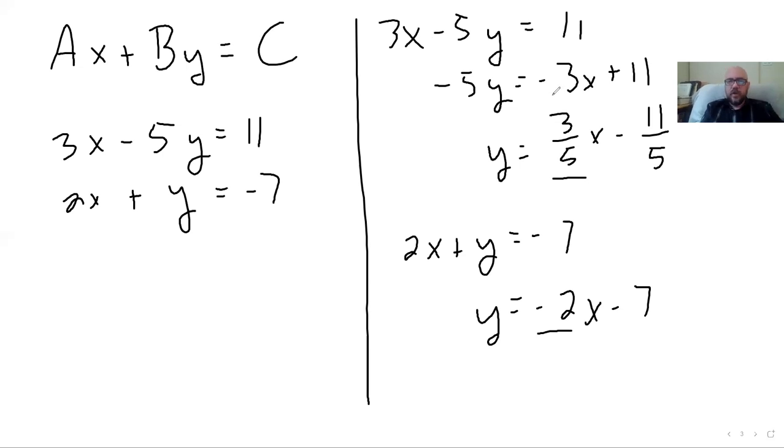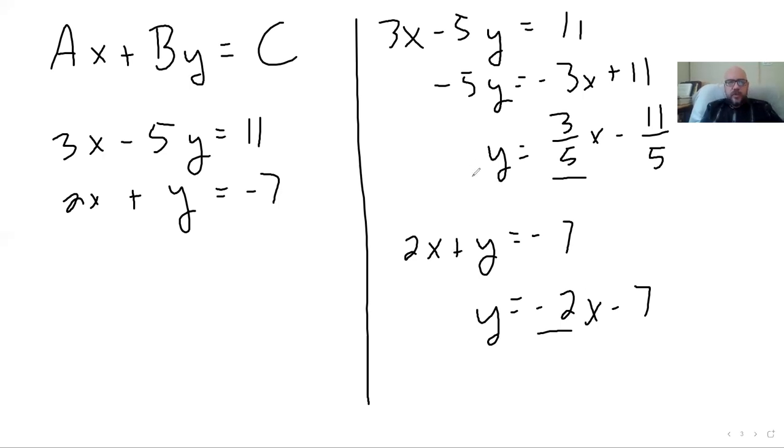Because when we moved it over. So what I was really looking for was the ratio of the coefficients on x and y. Here it's negative 3/5, but since we move the x over, the sign switches. So 3/5, and then this one was 2, which is a different number. So I knew that they would be different.